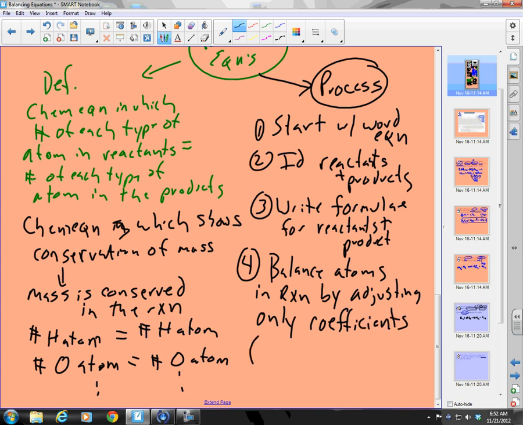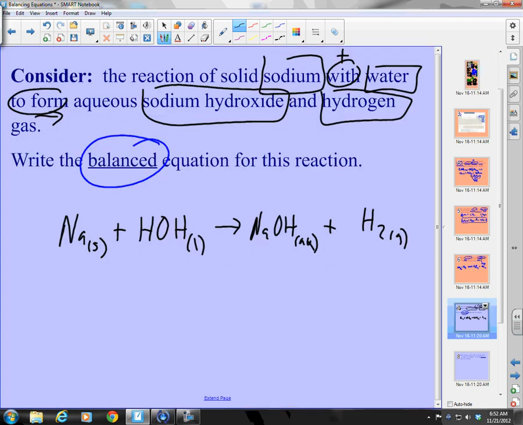And what are we really doing here? By employing conservation of mass. Conservation of mass. Okay. What do I mean, balance atoms in reaction by adjusting only coefficients? Well, what are coefficients? Coefficients are the things that go in front.